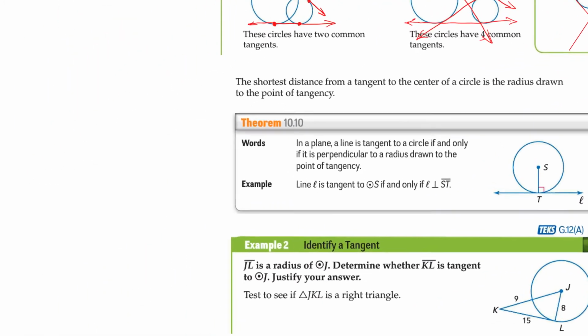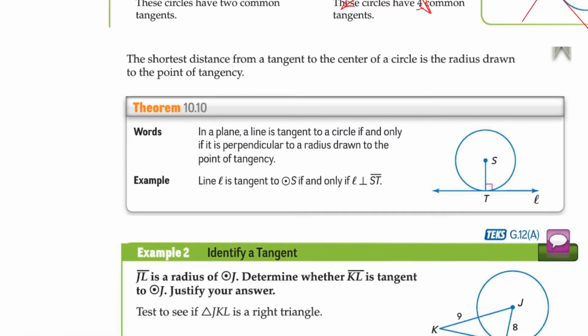Okay. Now this theorem right here is really the main thing we're going to be using today. It's going to be the main idea of what we're doing. So in a plane, a line is tangent to a circle if and only if it is perpendicular. There's a key word. If it's perpendicular to a radius drawn to the point of tangency. So the way we know if a line is tangent to a circle or not is if the radius drawn to that point is 90 degrees, if it's perpendicular.